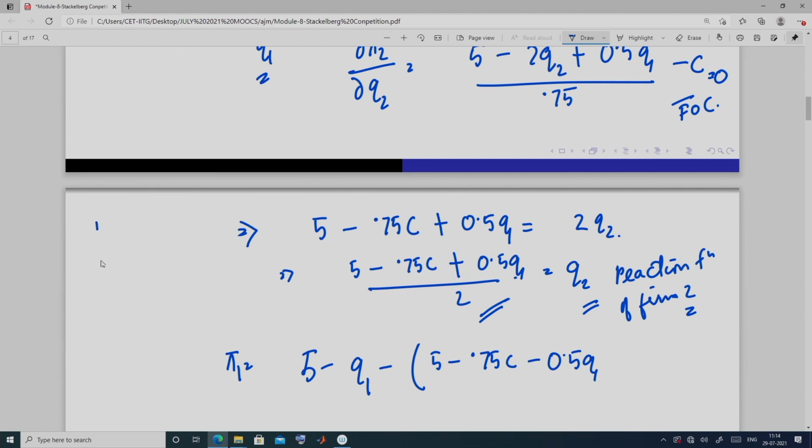So, this reaction function is actually in Q1, Q2. If Q1 is equal to 0, Q2 is taking a positive value. It is something like this.